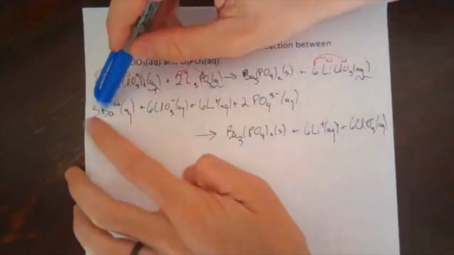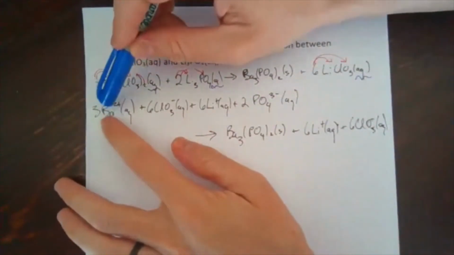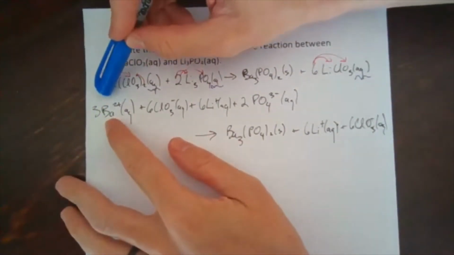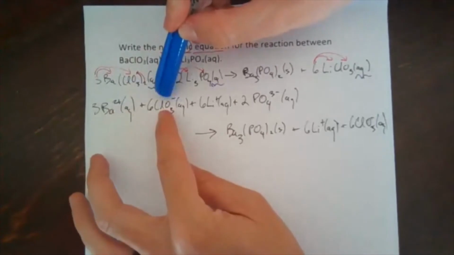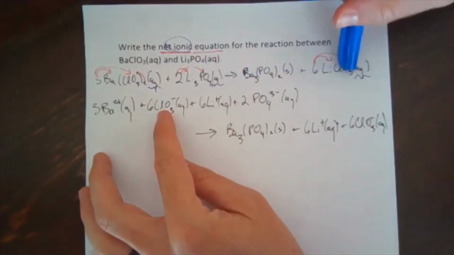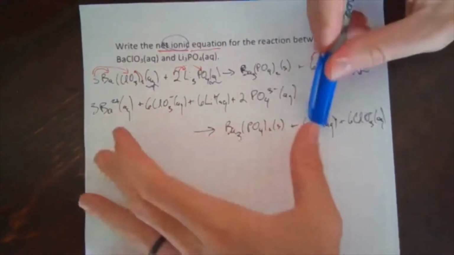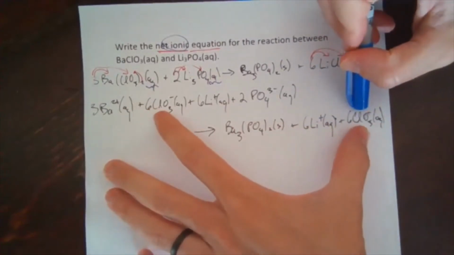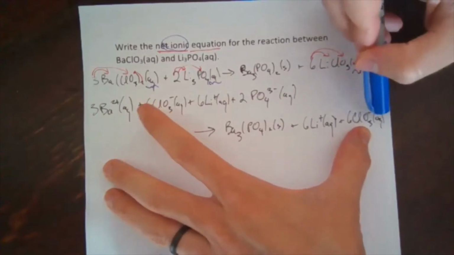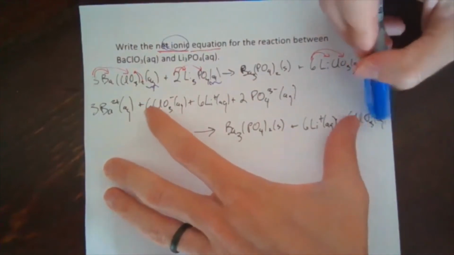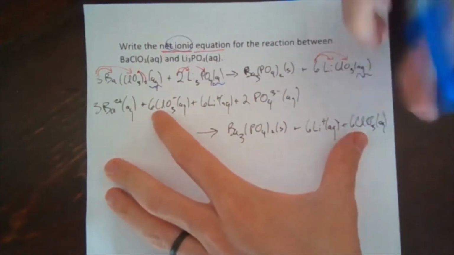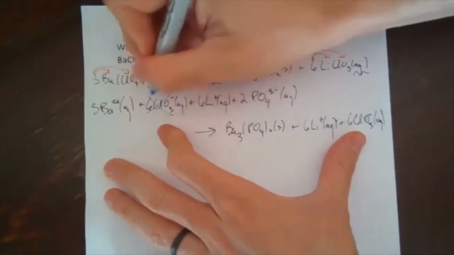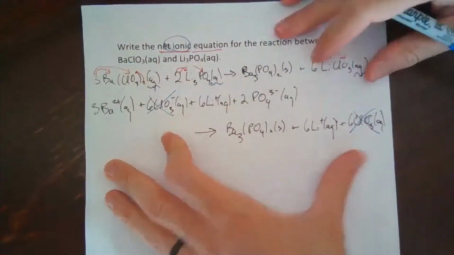If we look at, for example, barium chlorate, it means in your reactants you had barium ions floating around and chlorate ions floating around. Well, lithium chlorate is soluble, so that's really lithium ions and chlorate ions. These chlorate ions show up on both sides in the same format, same number, same exact ions. They are floating around by themselves.